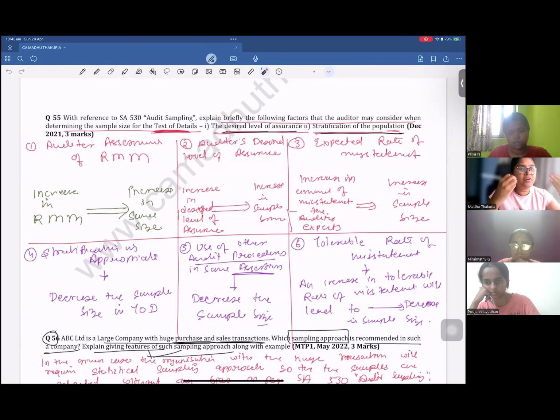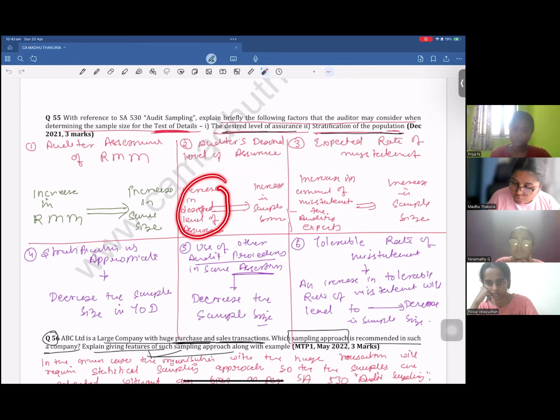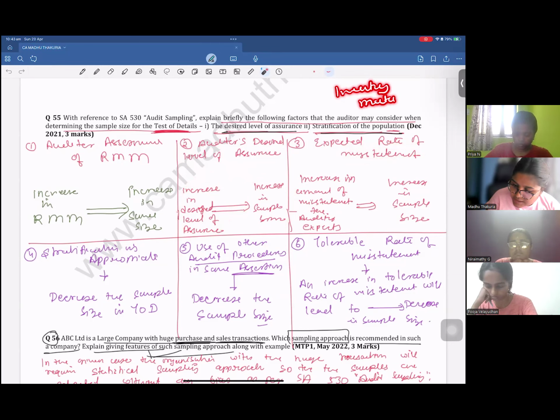So if the desired level of assurance, that confidence you want to build on that item, is high, you are going to test more samples. Then if your expected rate of misstatement is high, if you feel that this particular item of inventory is going to contain a lot of material misstatement, obviously you have to increase your sample size.